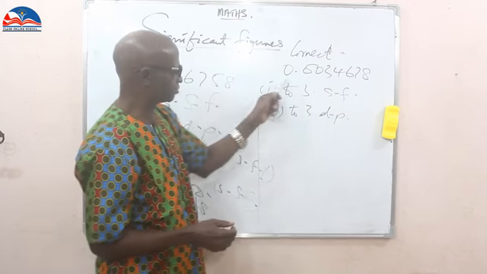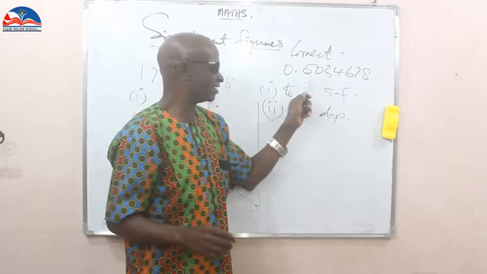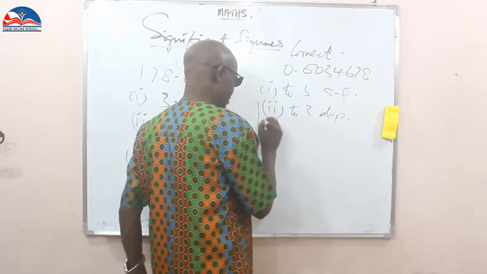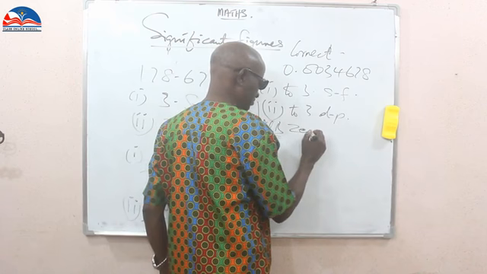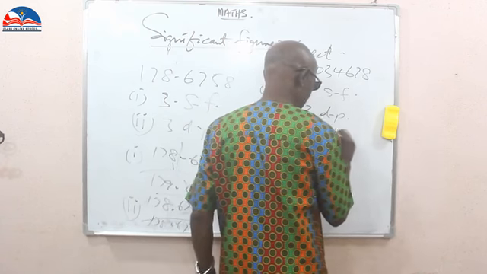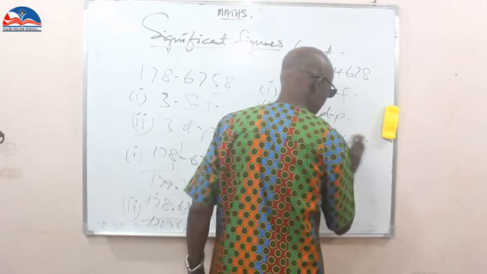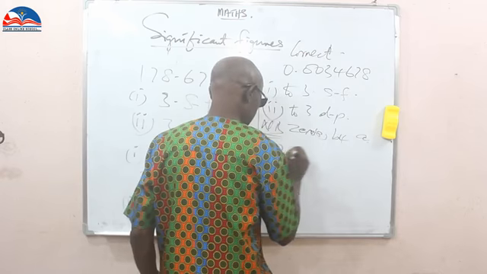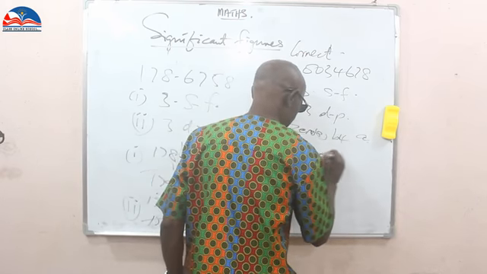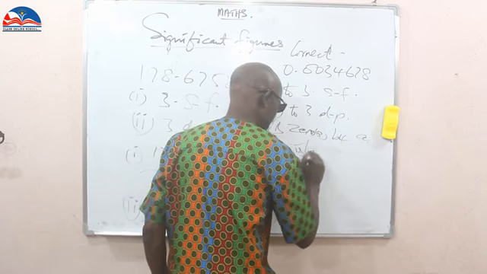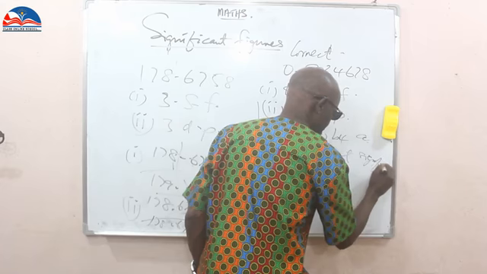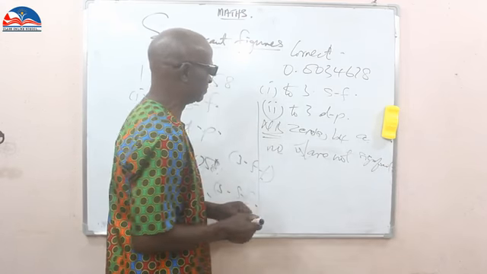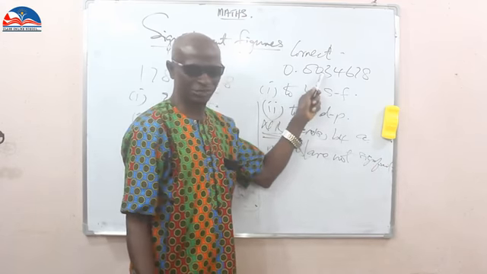Note, all zeros before any whole number are not significant. Zeros before a number, it can be more than 1, are not significant.